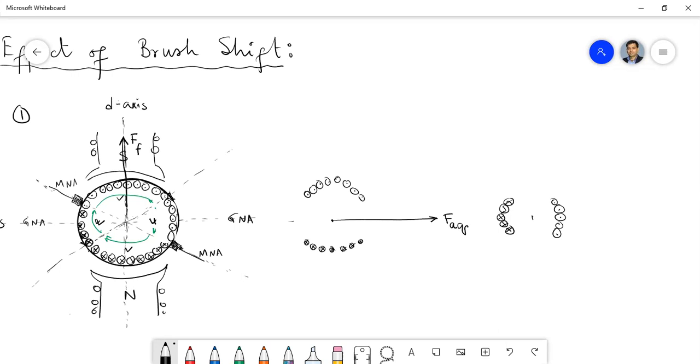Now it will be in the downward direction. So let me draw the downward first. Okay. So this portion of the armature is called the FAD.